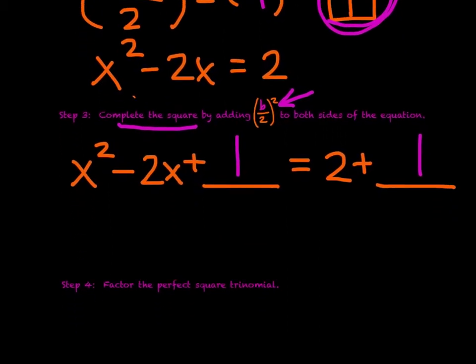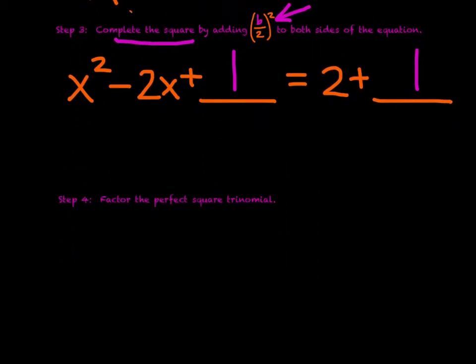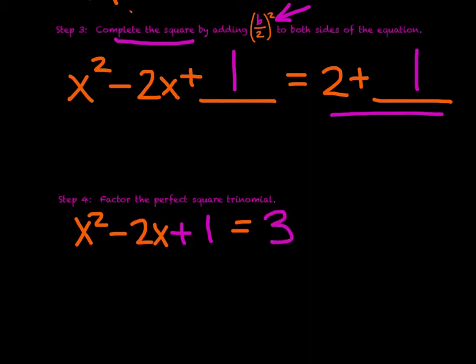Kind of cool. So now our next step, we need to factor this baby. We need to factor the perfect square trinomial. So we have x squared minus 2x plus 1 is equal to 2 plus 1, which is 3. If we're going to factor this, we're only going to be factoring this side right here, the x squared minus 2x plus 1. And if we remember, this plus 1 is essentially made up of negative 1 squared.